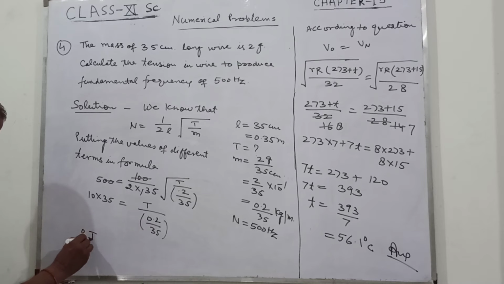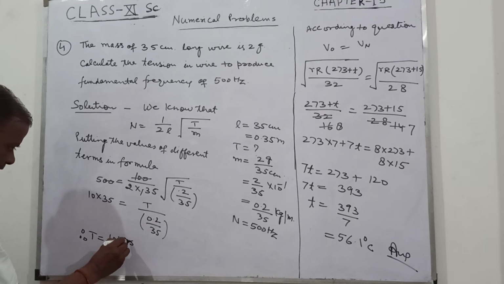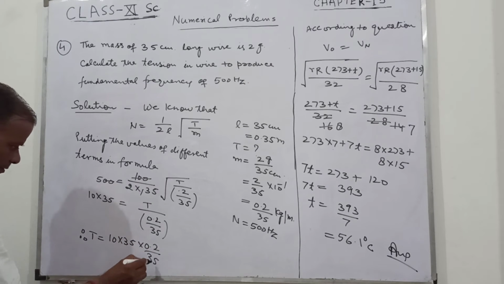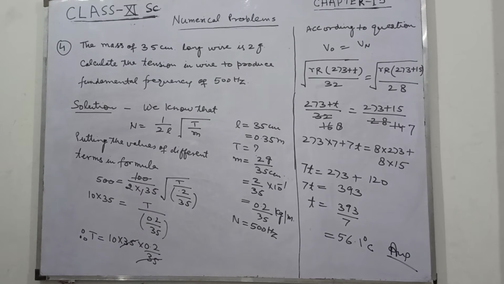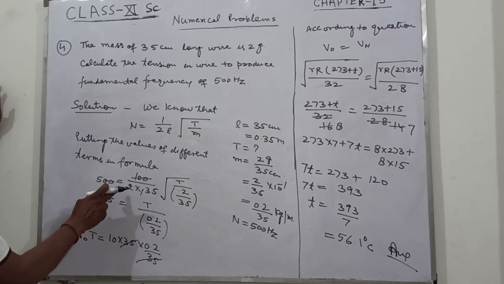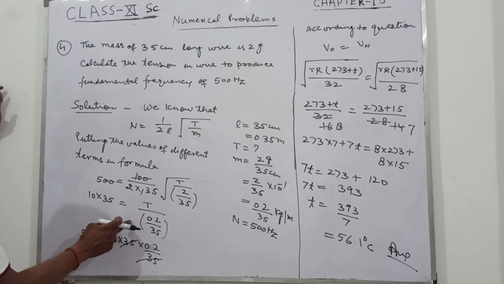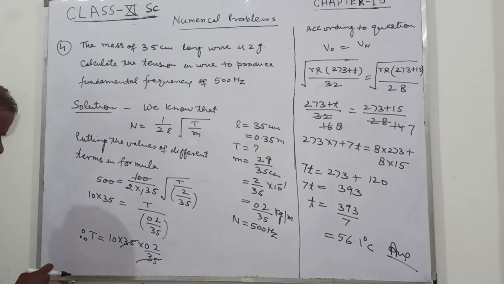Therefore, T equal to 10 into 35 into 0.2 upon 35. 35 will cancel, and this will come out to be 2 Newton.